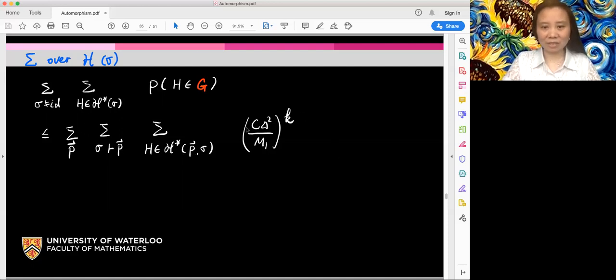And then this probability is just written as here, because now I know the number of edges in H is K once I fix the parameter P.